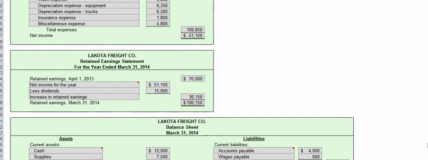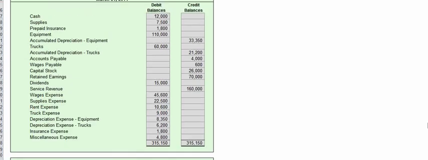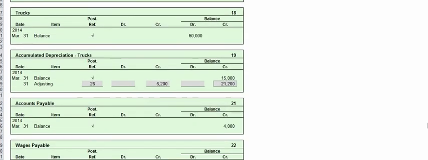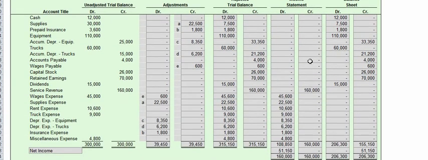You can also pick these up from the income statement. We debited service revenue for the amount of its balance, and credited income summary for total revenues. Or if you prefer, you guys, you can also go back up to the worksheet in your income statement columns and find the numbers here.